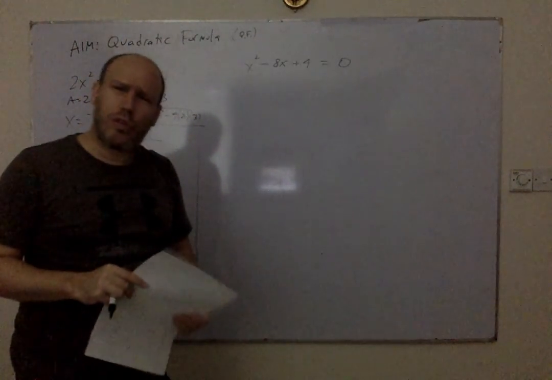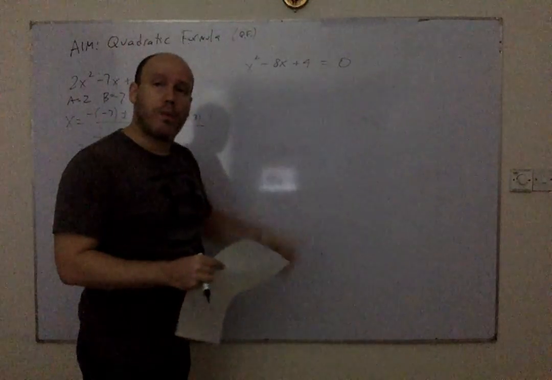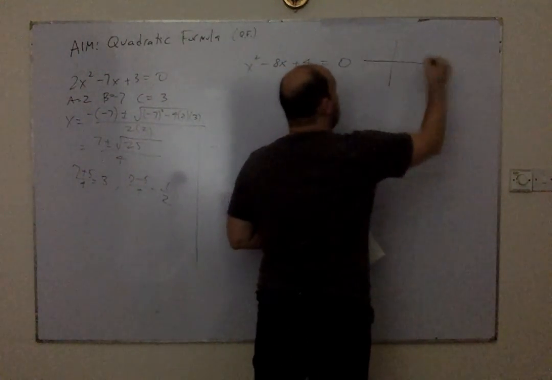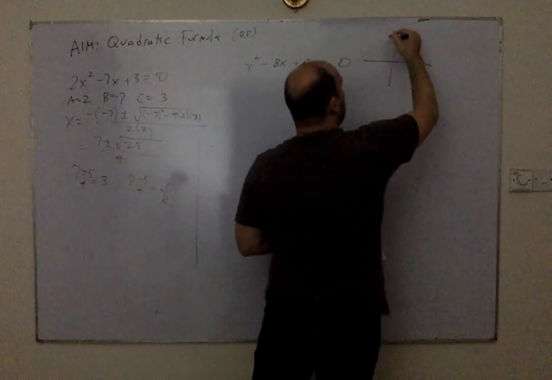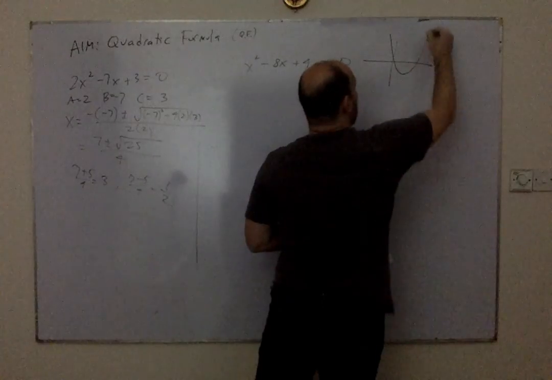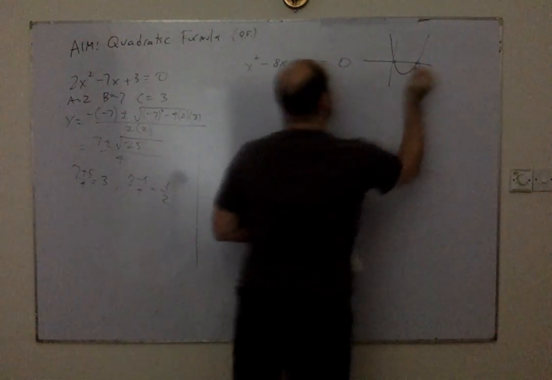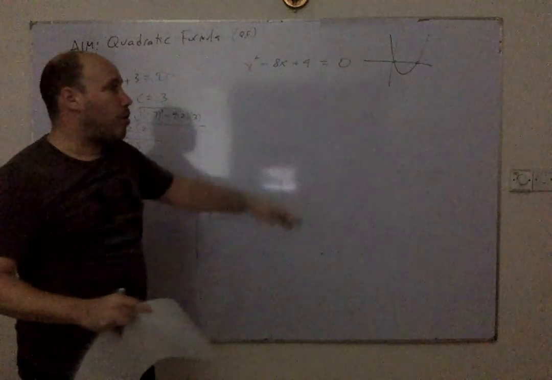How do I know there's roots? Well, if I graph this parabola, I know that it crosses the x-axis somewhere, right? It's over here. I know there's roots, I just don't know where they are. And that's what we're going to talk about a little after.